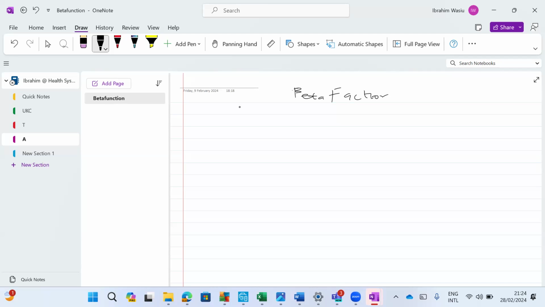Although nobody will ask you what is beta factor in exam, it's just for modesty. And we call this either beta factor, or project specific cost of capital, or what we call adjusted WACC.